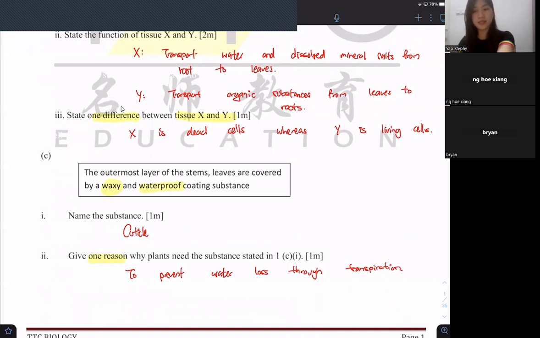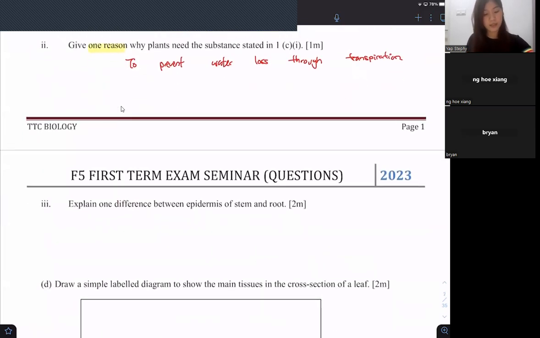Okay, can. For others, done already? Okay, next. Explain one difference between the epidermis of the stem and the root. So actually just now I let you all know already what the difference is between the stem and the root. The stem consists of a cuticle layer, but the root does not have a cuticle layer. Because the root needs to absorb water, it cannot have a waterproof layer.